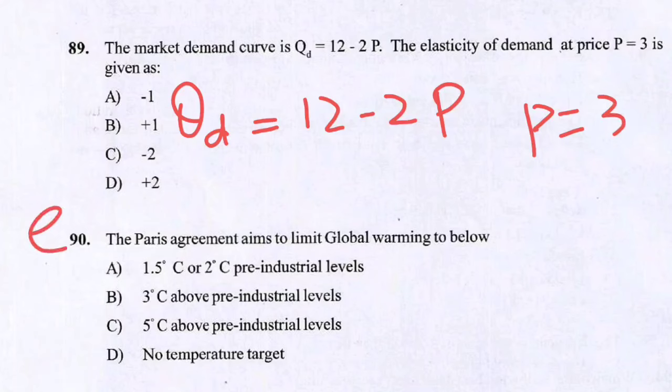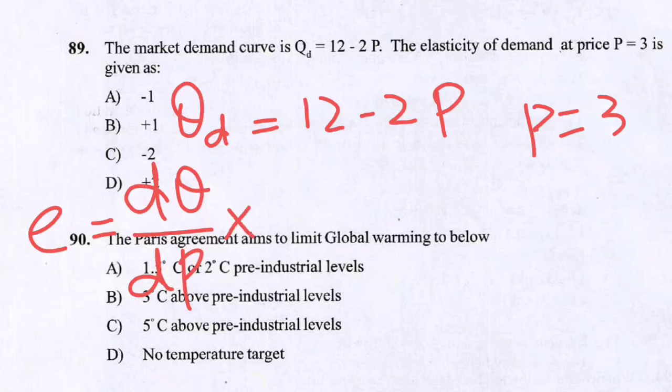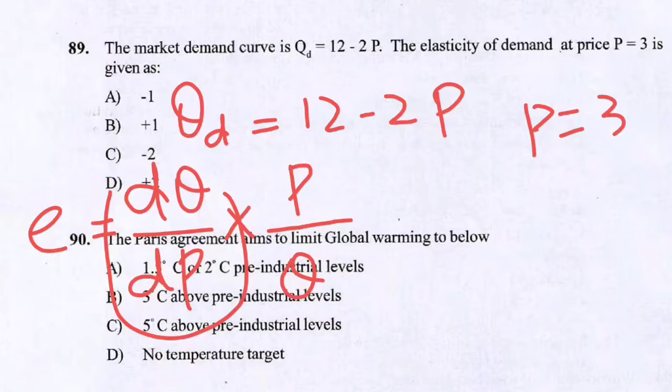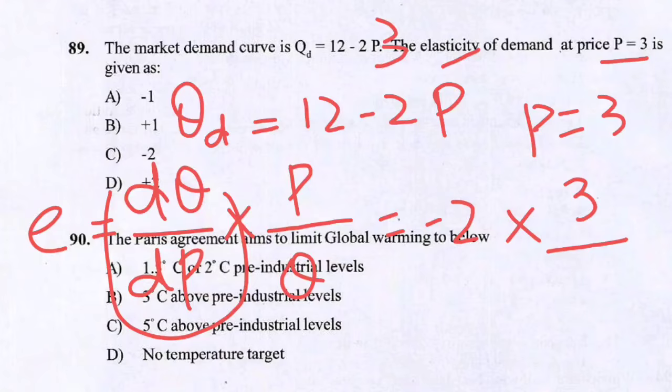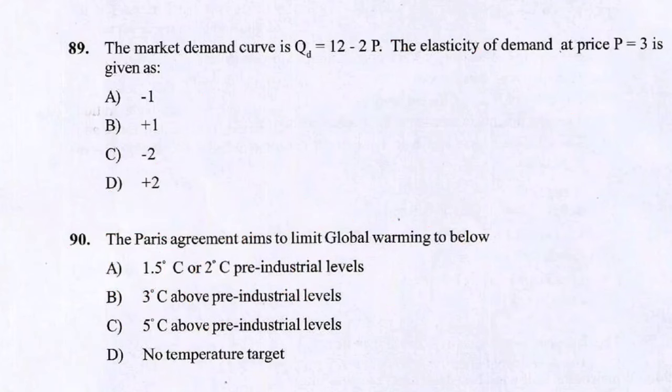We know that elasticity of demand is equal to dq upon dp, the change in the quantity demanded due to the change in the price, times price divided by quantity demanded at that very price. dq upon dp is the derivative of this function with respect to price, so here we will get negative 2. Price is given as 3, and quantity demanded at price 3 is, so let us plug 3 here, 12 minus 2 threes are 6, so we will get 6. So we have negative 2 times 3 upon 6, 3 ones are 3, 2 twos are 2, and the 2 gets cancelled, we are left with negative 1. So the correct option should be negative 1 here.